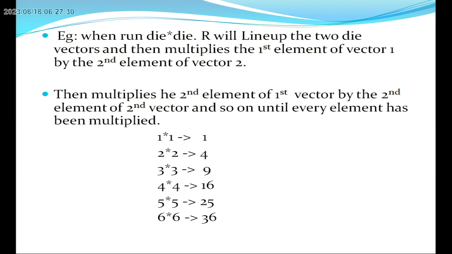For example, when you run die times die, R will line up the two die vectors and multiply the first element of vector 1 by the first element of vector 2, then the second element by the second element, and so on until every element has been multiplied. 1 times 1 is 1, 2 times 2 is 4, up to 6 times 6 is 36.